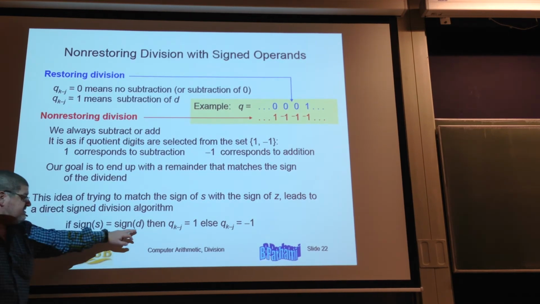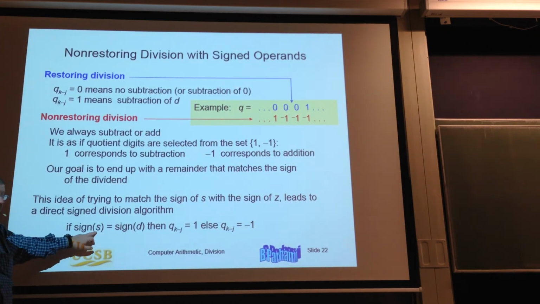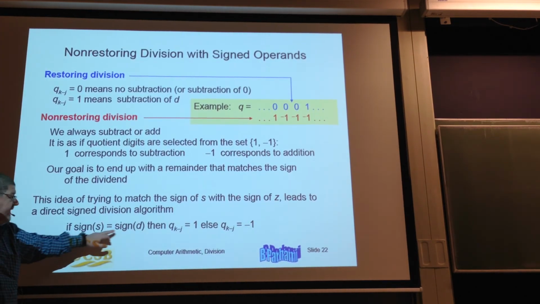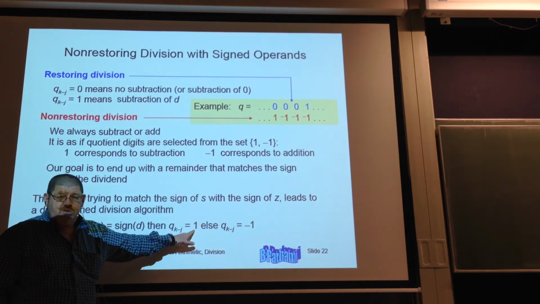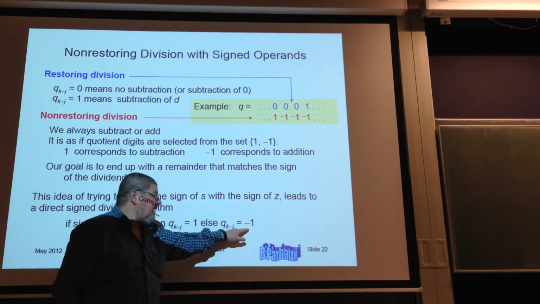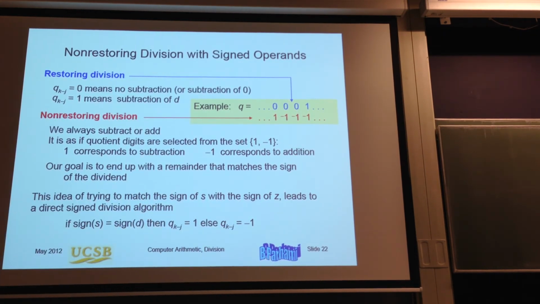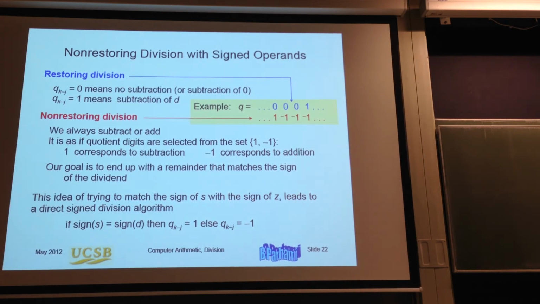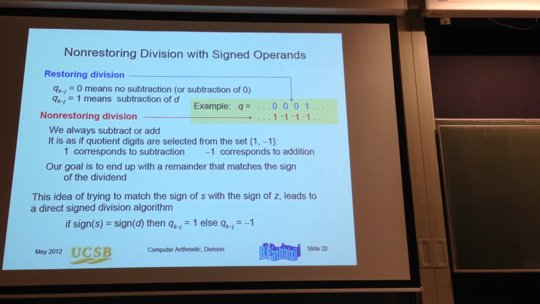If the sign of D, which is the divisor, and the sign of S, which is the partial remainder, are the same, I will choose a 1 and do a subtraction. If they are not the same, I will choose a -1 and do an addition. Then I will always do an addition or a subtraction. My check for the direction is simple: I just compare two bits. I only have one problem, because now I have 1 and -1, which are not 1 and 0, and I have to deal with them.